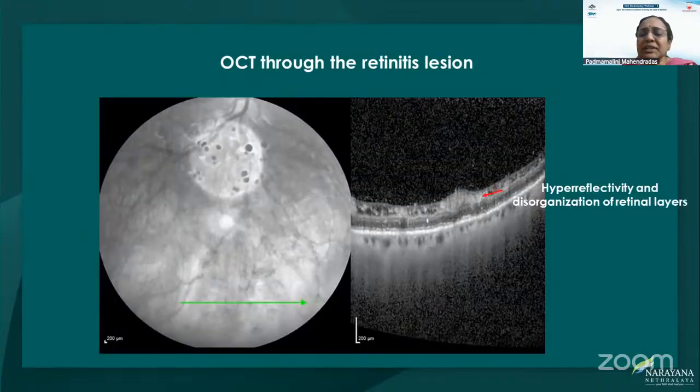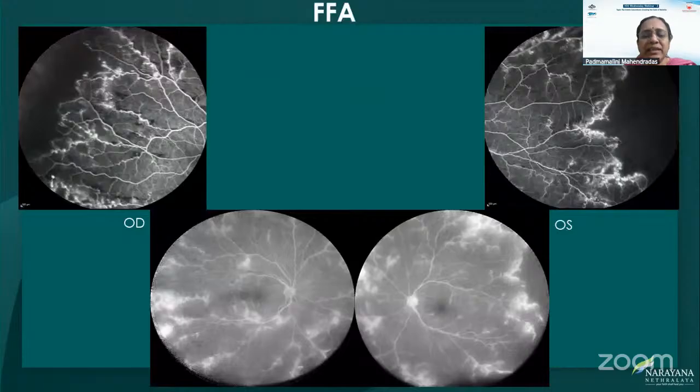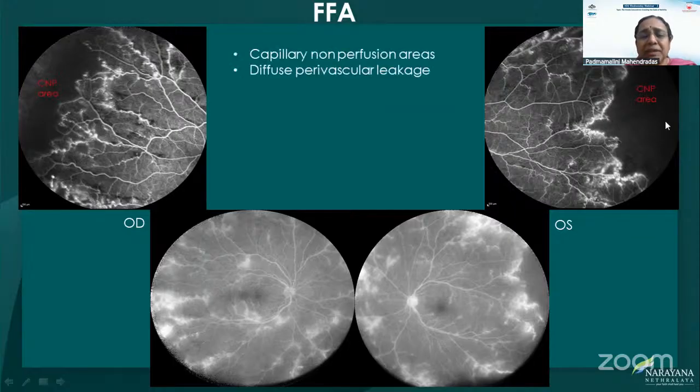OCT through the retinitis lesion shows hyperreflectivity and disorganization of the retinal layers. Intraretinal cystic spaces are seen. Fundus fluorescein angiography shows staining and leakage perivascularly, and also staining of the retinal infiltrates, with extensive areas of capillary non-perfusion in the retinal periphery of both eyes.